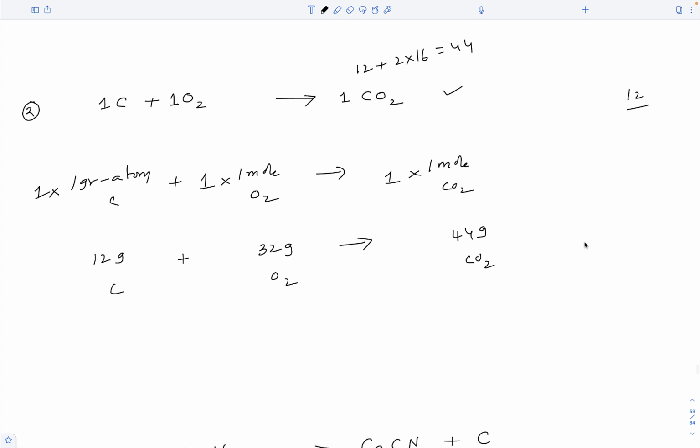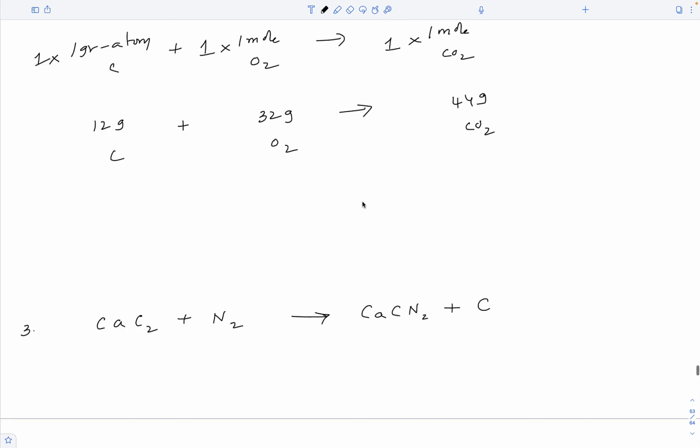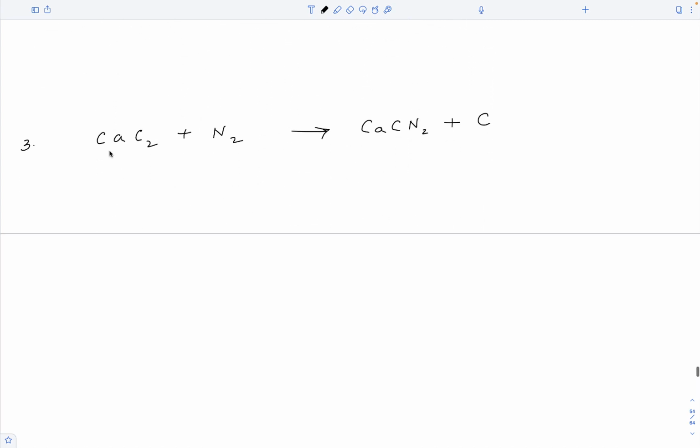So we figured out the relative weights of carbon, oxygen and carbon dioxide for this reaction. Let us do another example. This is calcium carbide or calcium acetylide, and it reacts with nitrogen to produce calcium cyanamide and carbon.